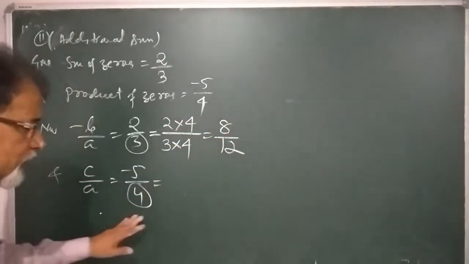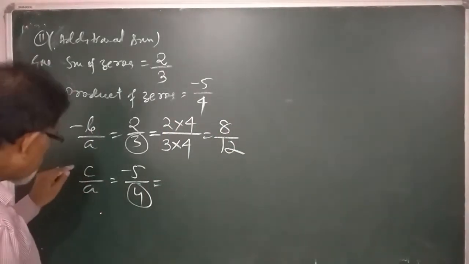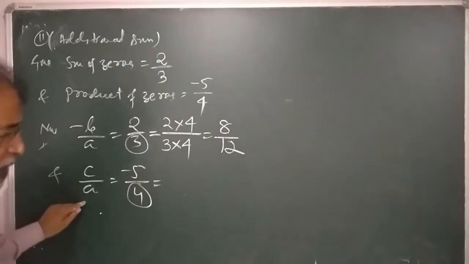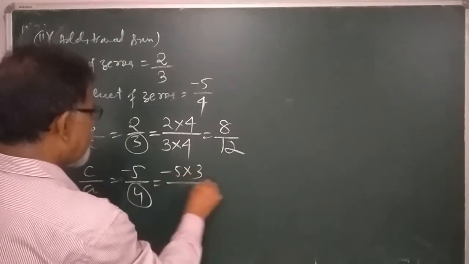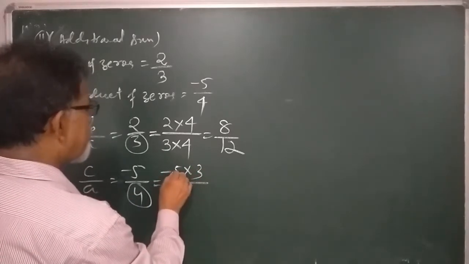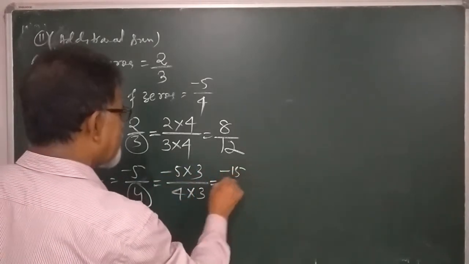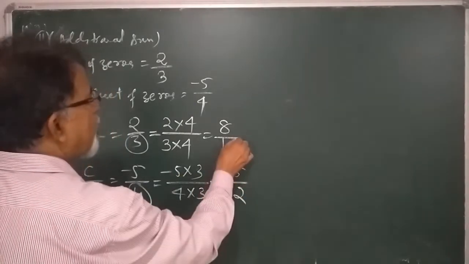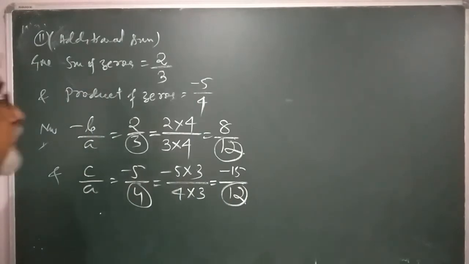And here we will multiply both numerator and denominator by 3 because 4 threes are 12. Minus 3 into 5 is minus 15, and 4 threes are 12. Now the values of A are the same.